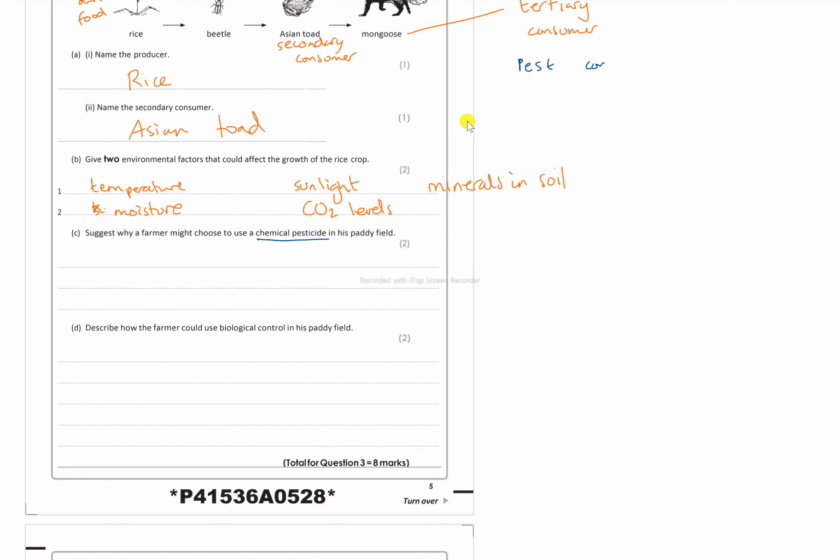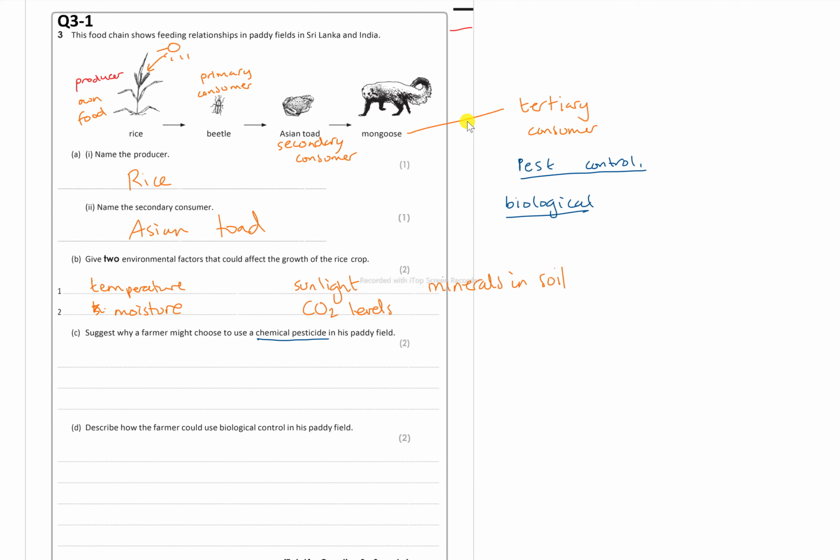First one is biological. So for example, here they've introduced the Asian toad to eat the beetles to stop them eating the plants.